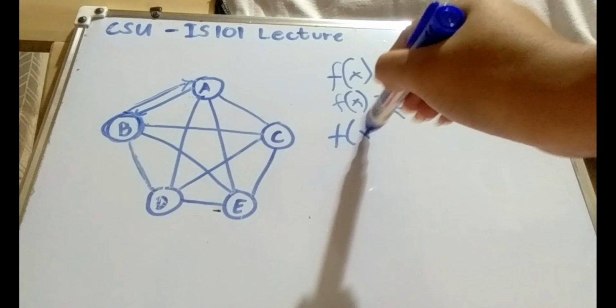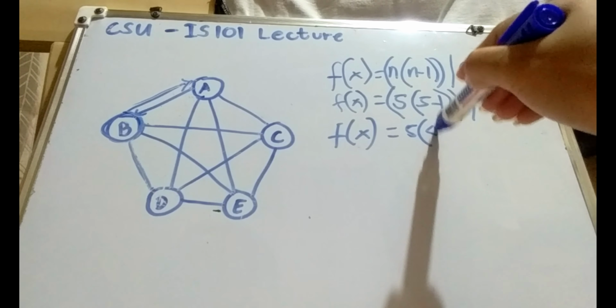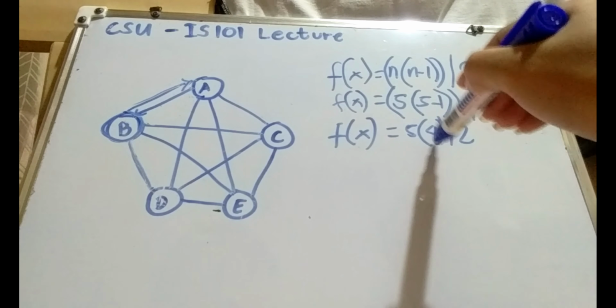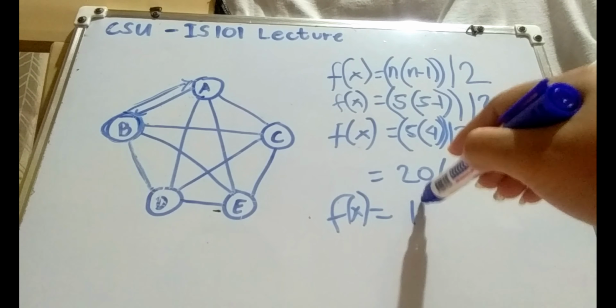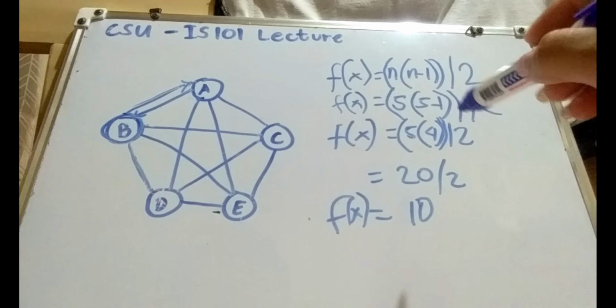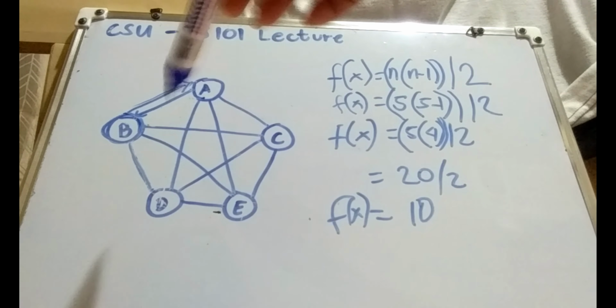So f(x) is equal to 5 times 4 divided by 2, which is 20 divided by 2. So f(x) is 10. So there are 10 connections in 5 people that are connected.